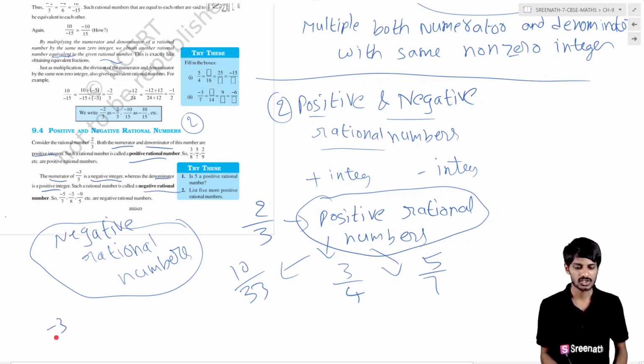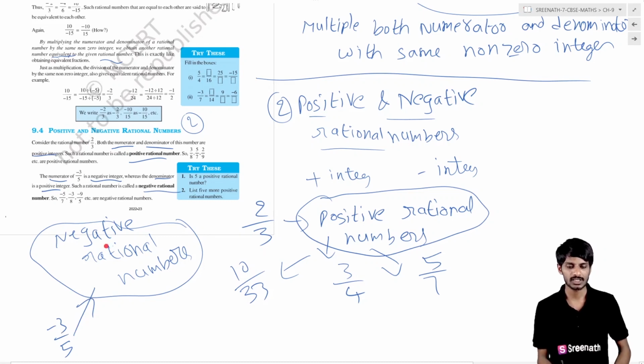Example is minus 3 by 5. If you consider it, the numerator is a negative integer, the denominator is a positive integer, so this fraction we call a negative rational number. Very simple. If the numerator is negative and the denominator is positive, then we can call that a negative rational number.